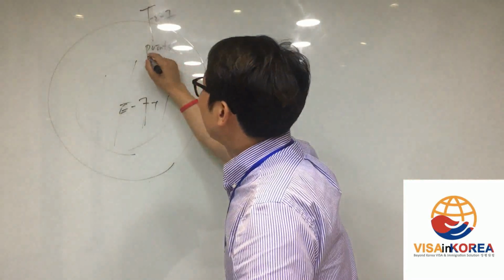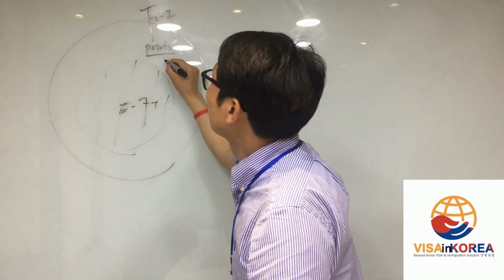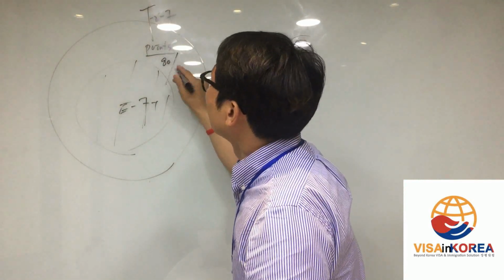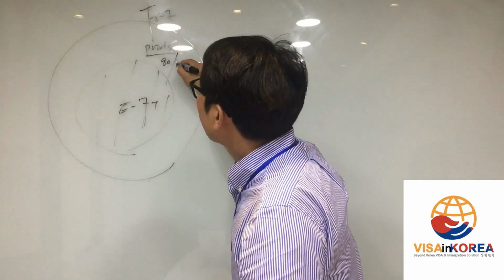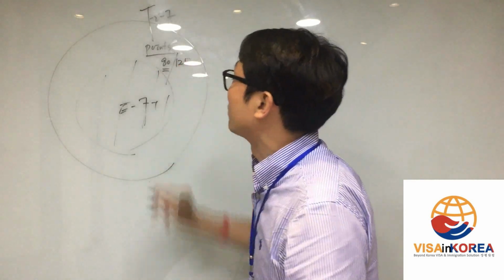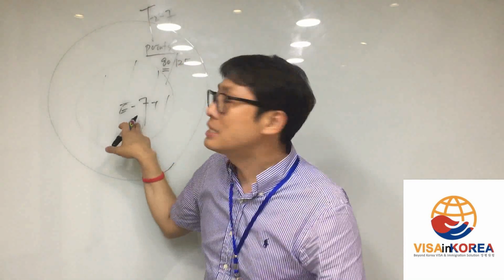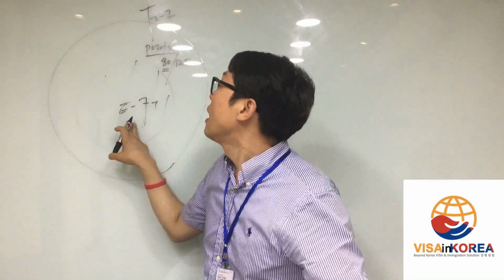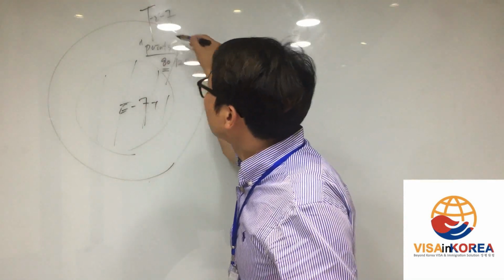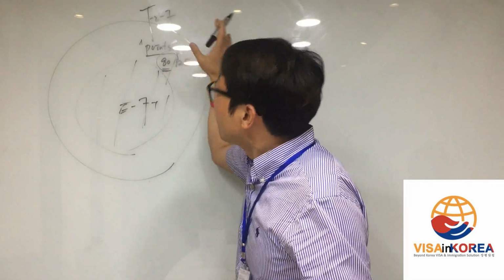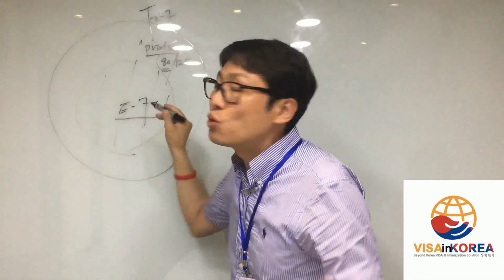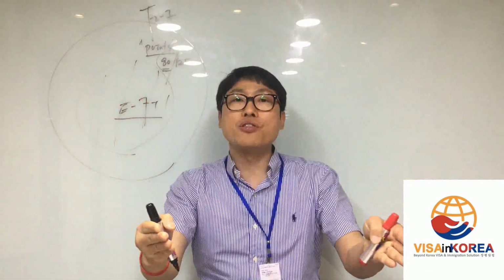You need higher than 80 points out of 125 points. So you have to meet the whole E71 criteria and the points like this. Meeting the E71 criteria is the most important thing.